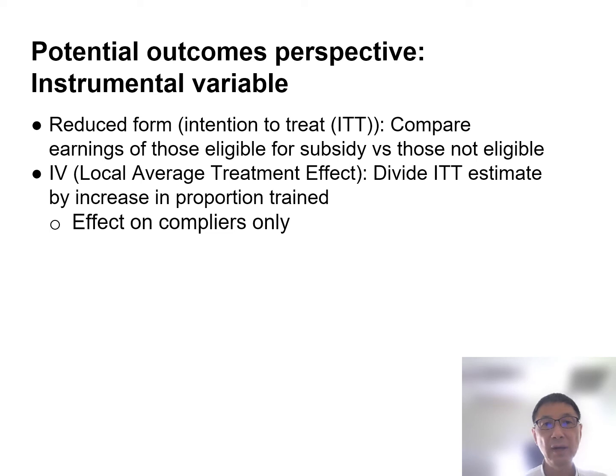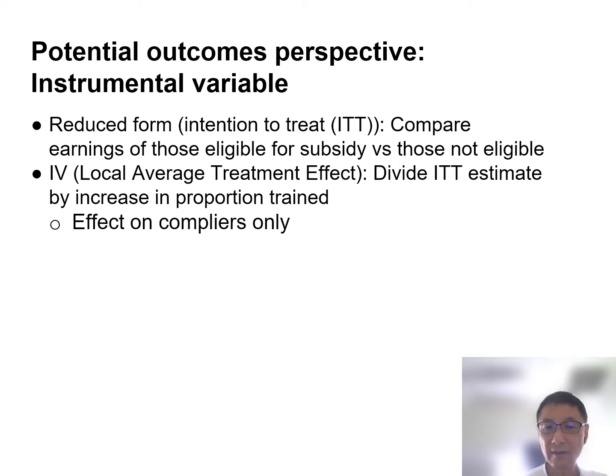Using the potential outcomes perspective, in this example of the training subsidy effect on earnings, the reduced form is called the intention to treat, or ITT. We compare the earnings of those eligible for the subsidy versus those not eligible. The instrumental variables estimate will generate what is called the local average treatment effect.